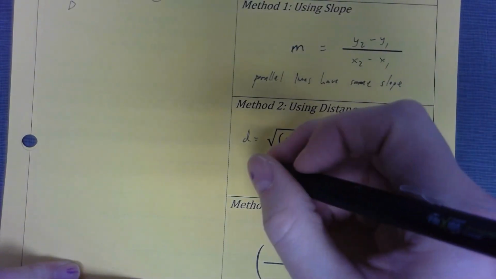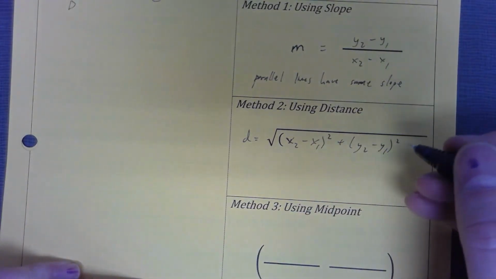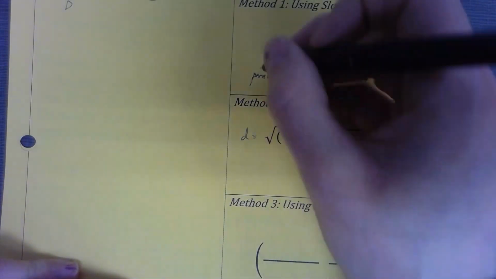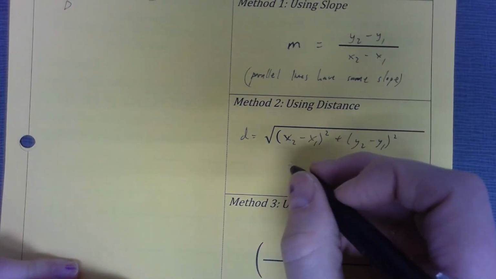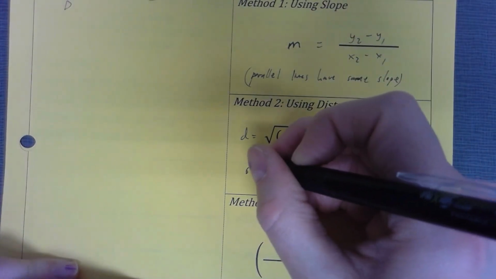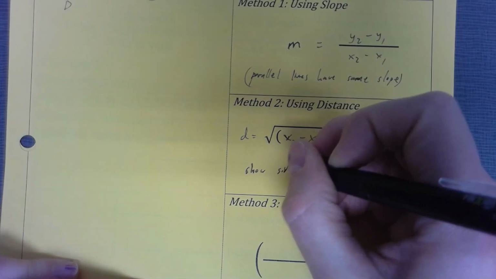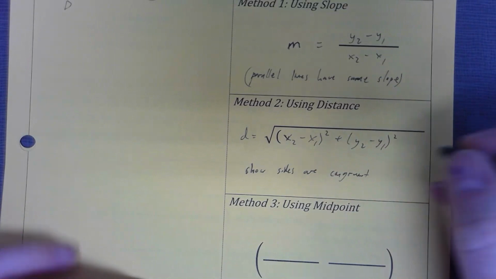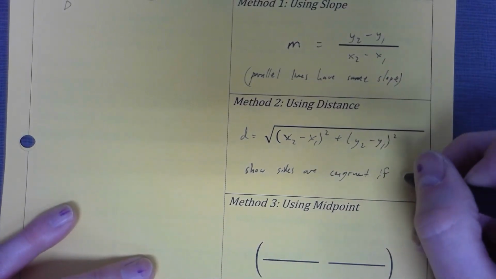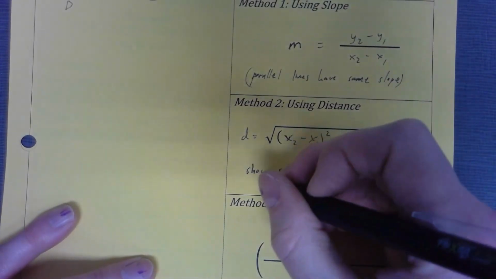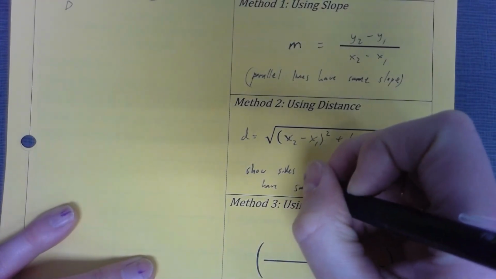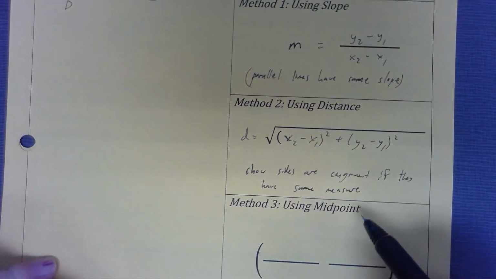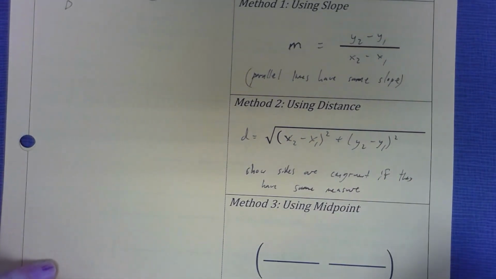And congruent segments have lengths that are the same, so we can use that to show opposite sides congruent. If they have the same measure, same distance, then their sides are congruent.